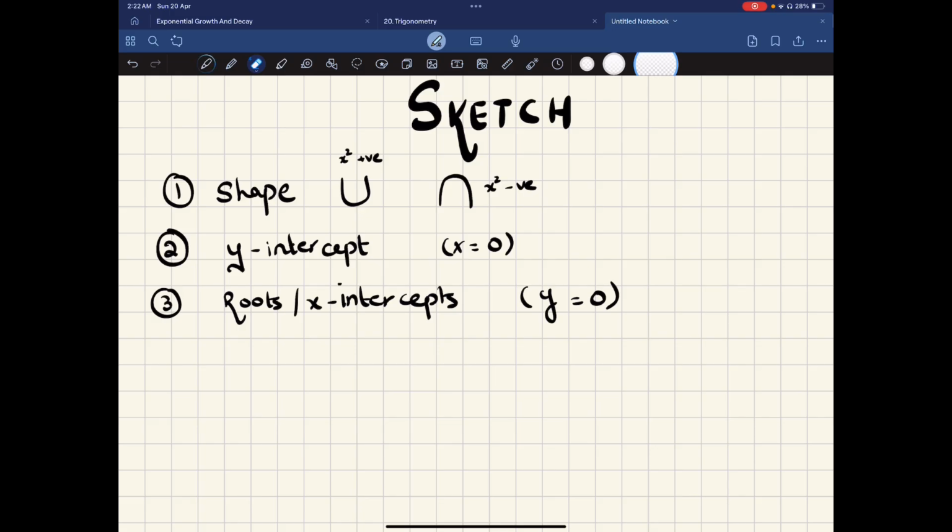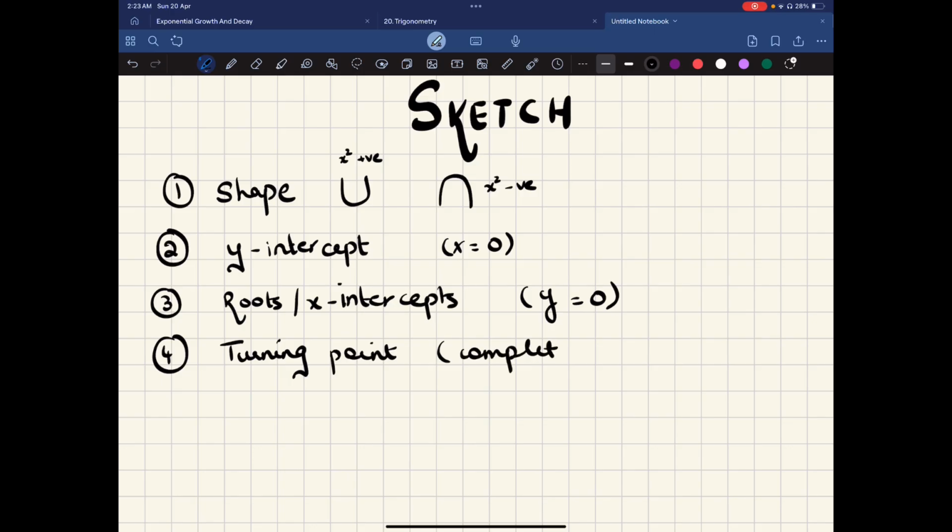The fourth step is to find the turning point. How do you do that? By converting your quadratic expression into completing the square form.